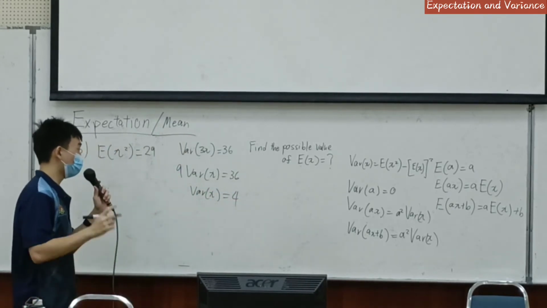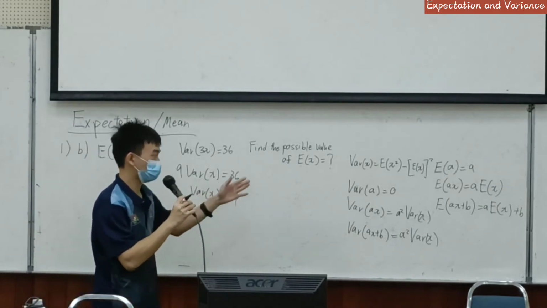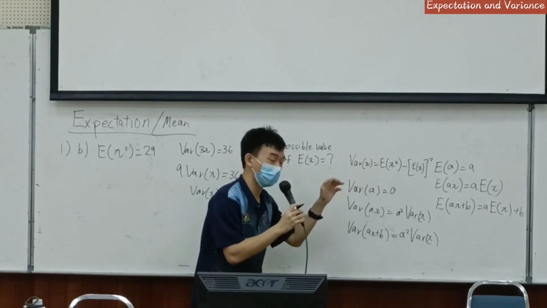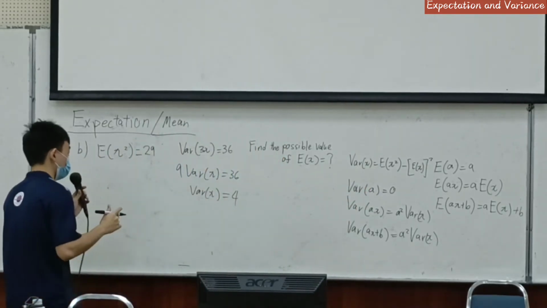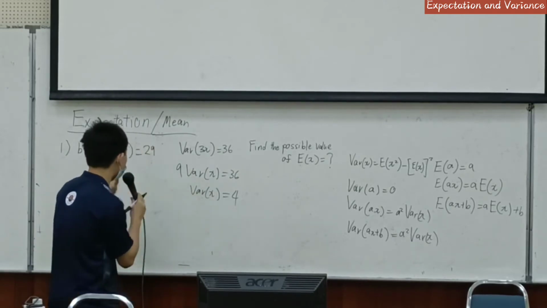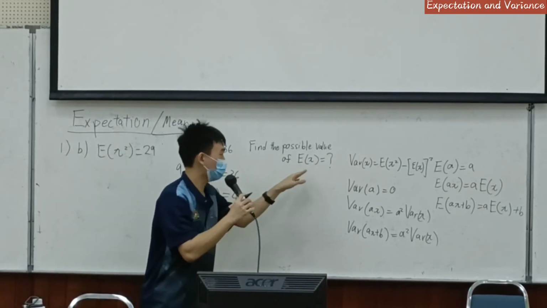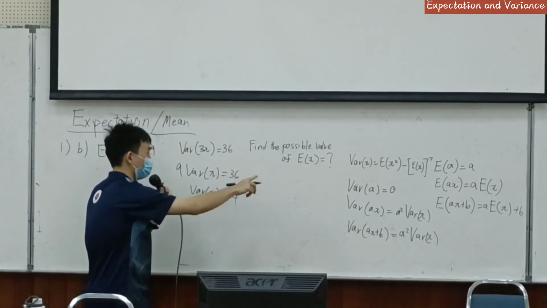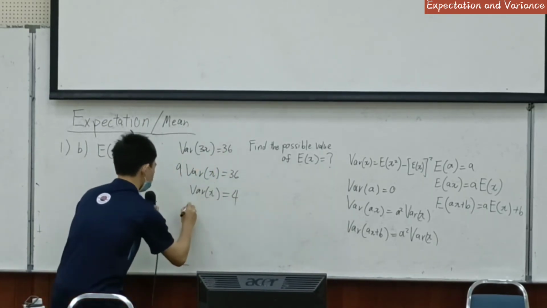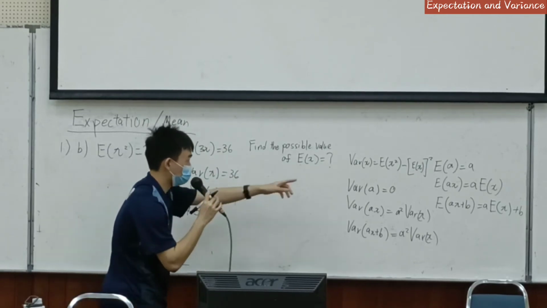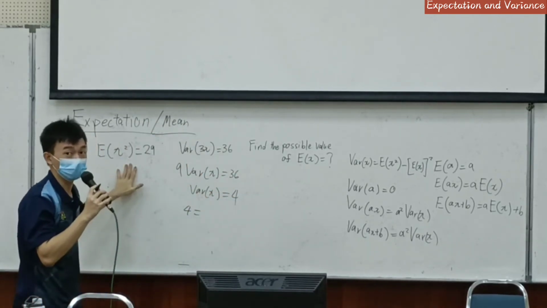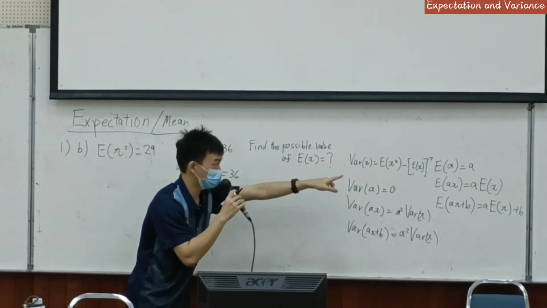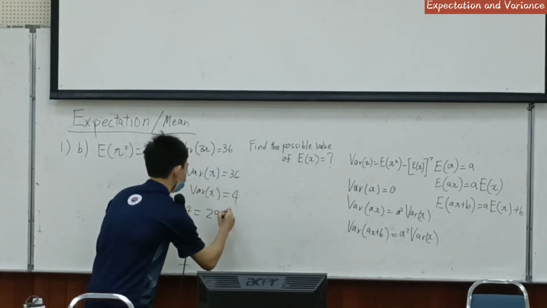Okay, so we know the property of the variance, which is equal to this formula: the expectation of x squared minus the bracket expectation of x, squared. So we are going to substitute in these values to find the expectation of x. The variance of x equals 4, so we substitute in 4. And the expectation of x squared is given as 29, minus the bracket E(x) squared.